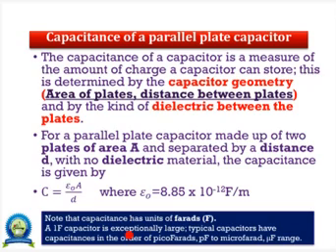So in most cases, the capacitance of capacitors is measured in picofarad, microfarad or nanofarad. I believe you are familiar with that. Picofarad is 1 times 10 raised to power minus 12 farad.